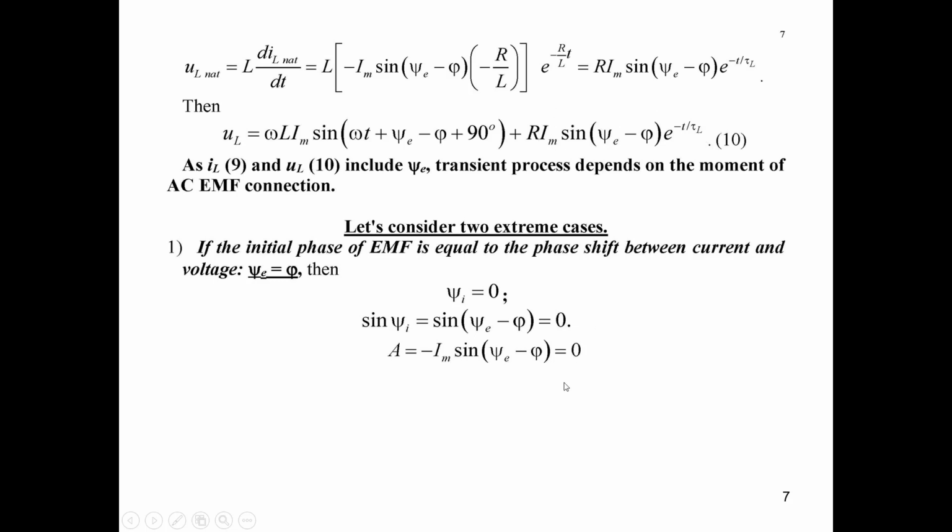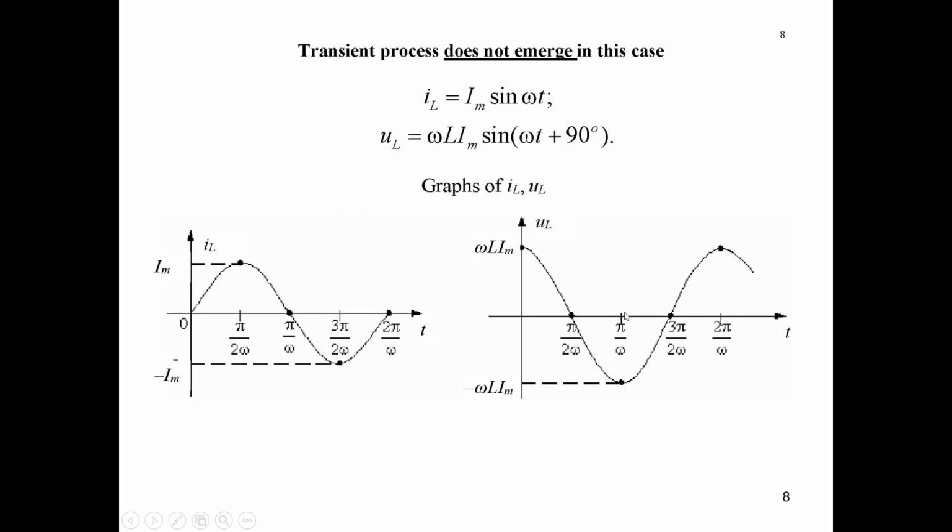So in such a case, this transient component will vanish, because this integration constant, directly proportional to sinus of psi minus phi, will be equal just to 0. So there will not be any transient processes. And in such a case, current through inductance will be just I maximum sinus omega t.